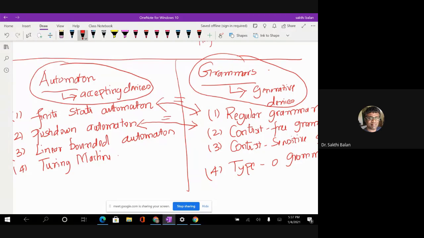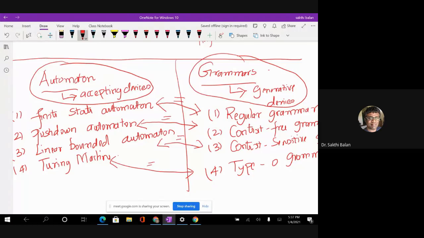A linear bounded automaton and context-sensitive grammar are one and the same. And Turing machine and type 0 grammar are one and the same. That's a very elegant kind of equivalence that we have got here, right?